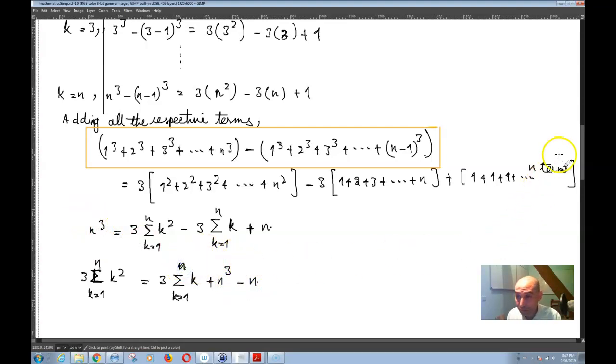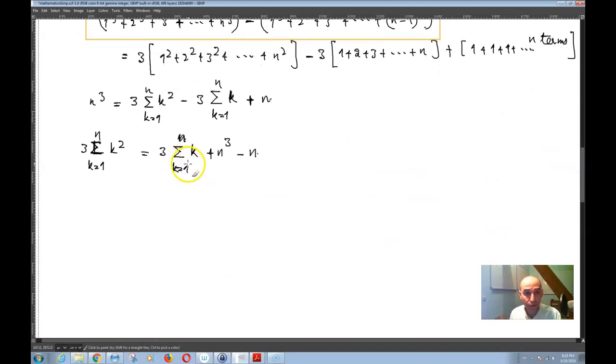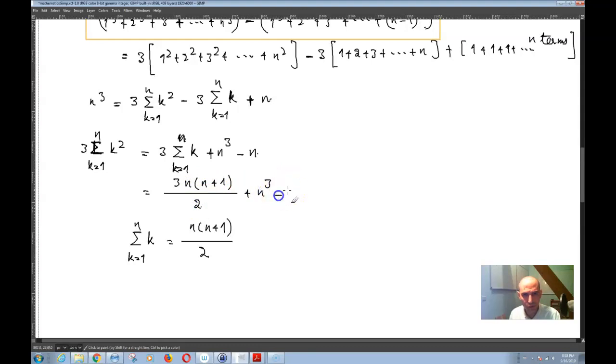And so basically we said that sigma k as k goes from 1 to n is equal to n times n plus 1 divided by 2. So I can write this as 3 times this expression over here, 3 times n times n plus 1 divided by 2, plus n cubed minus n.